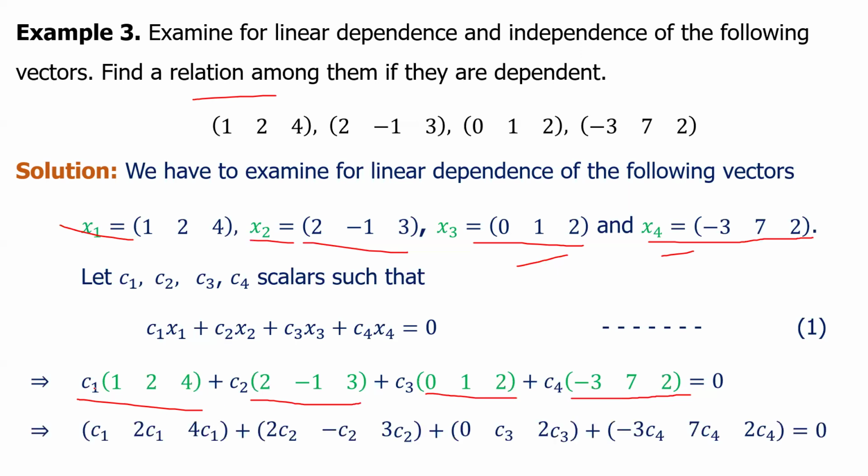If we multiply C1 with all the elements, we have C1, 2C1, 4C1, here 2C2, -C2, 3C2. Similarly, here 0, C3, 2C3, and -3C4, 7C4, and 2C4 equal to 0. Now we will add all the corresponding elements of these vectors.